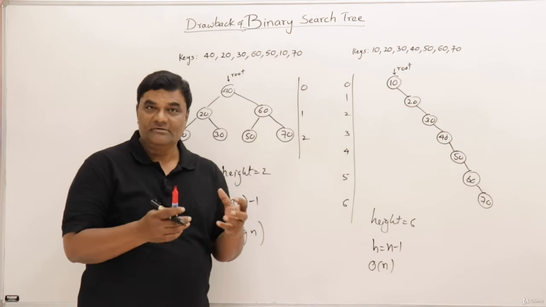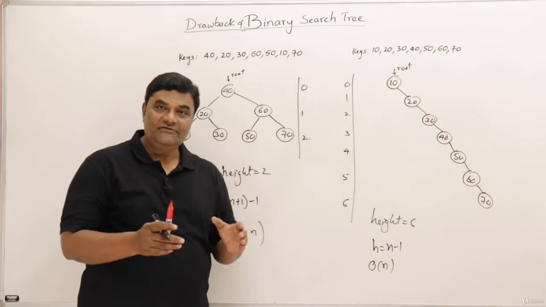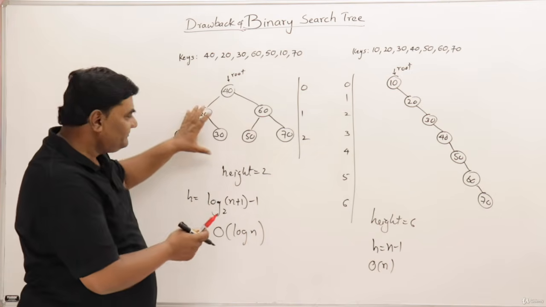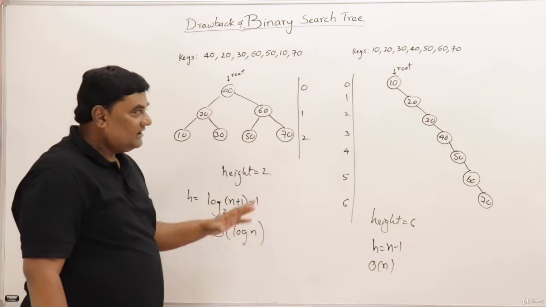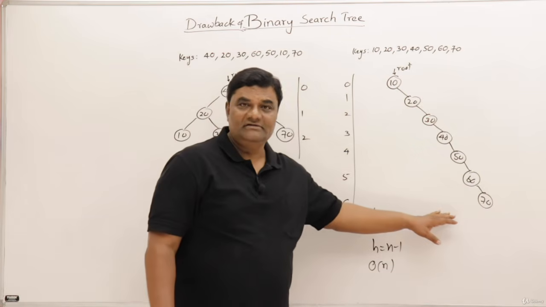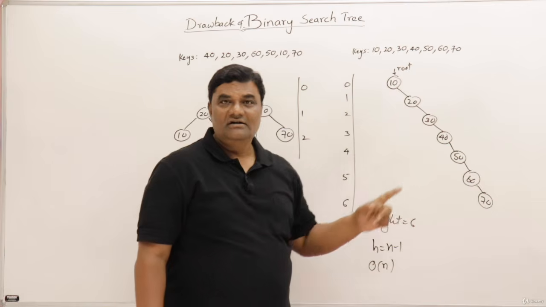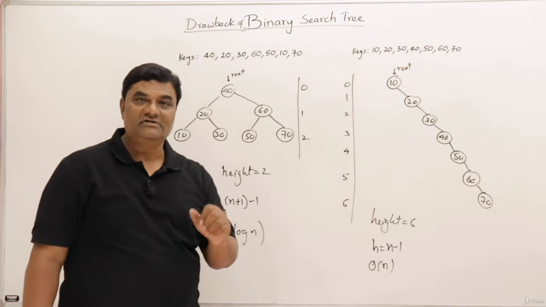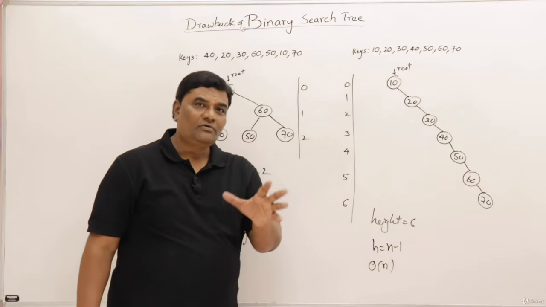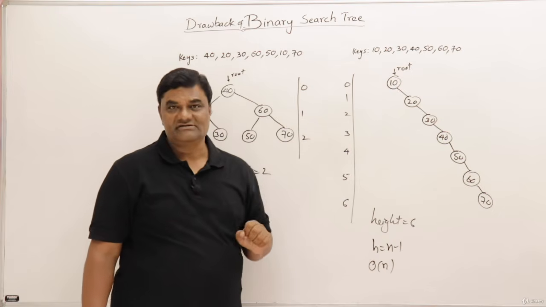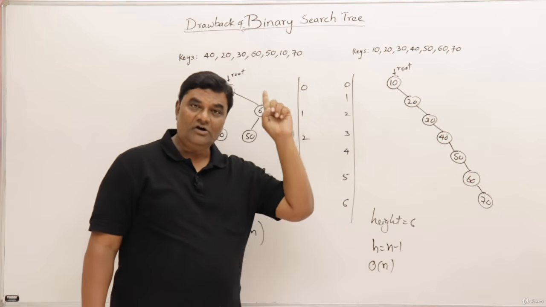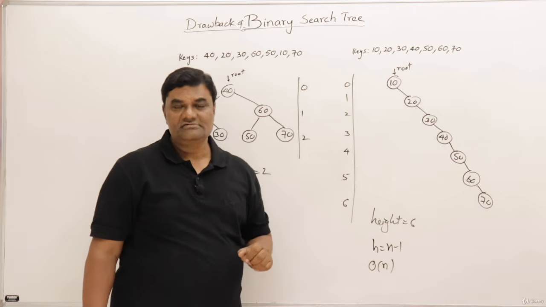Now let us talk about the drawback. The height of a binary search tree can be as minimum as log n, as maximum as n. It depends on how you are inserting the keys. So there is no control over the height of a binary search tree. It all depends on the order of insertion.